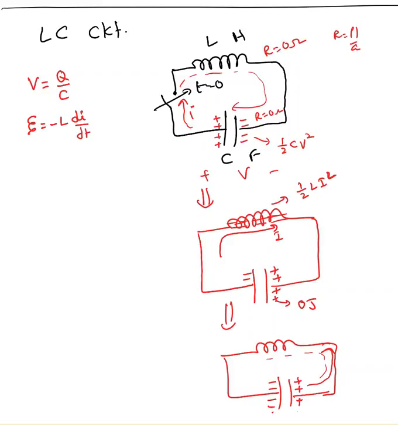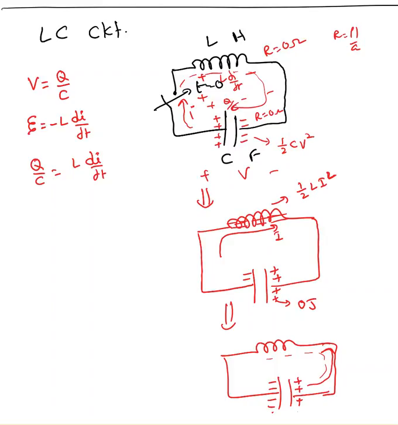These two are in parallel, so both must be equal. So Q over C must be equal to L times di by dt. So basically this is L times di by dt, this is Q over C, for the first part, but these signs are going to reverse for the next cycle.